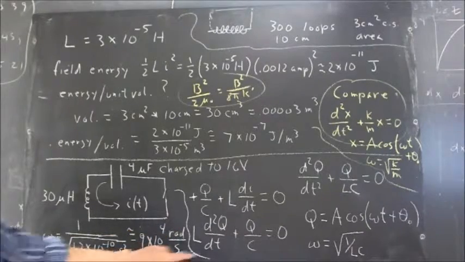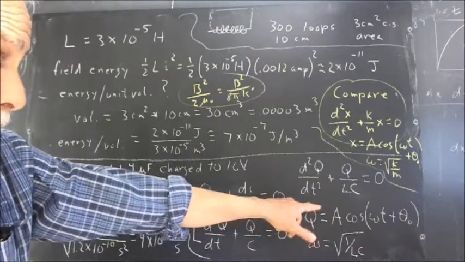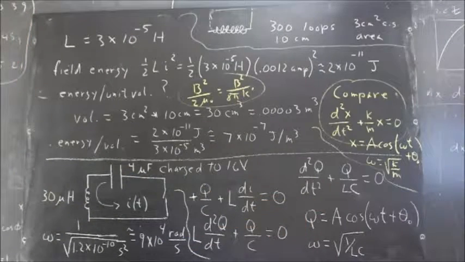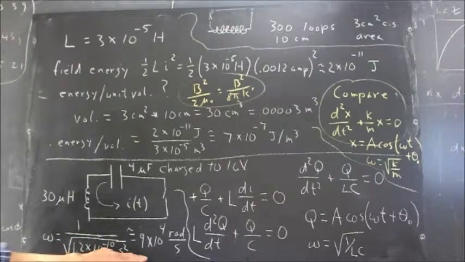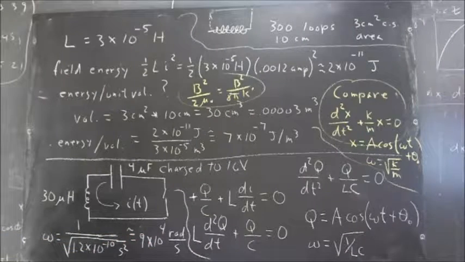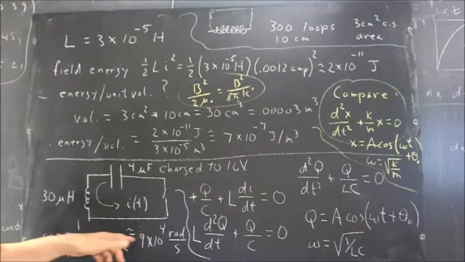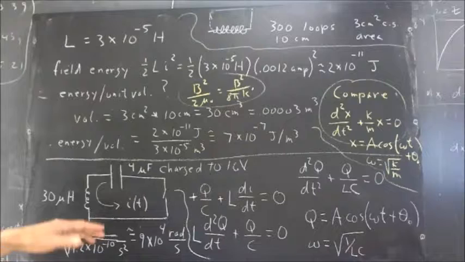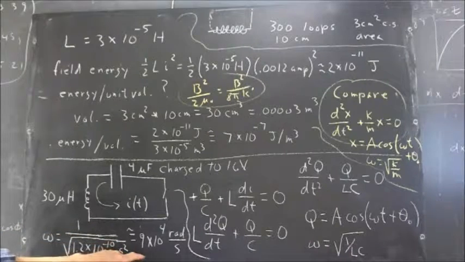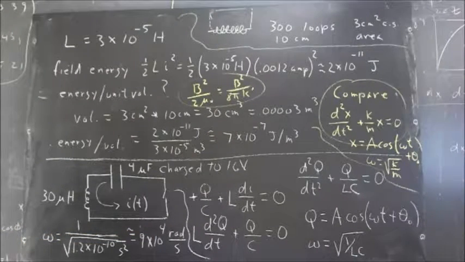Interpret this as radians per second because of the nature of the solution, the oscillatory, the cosine solution. And this comes out approximately 9 times 10 to the 4th when you do the reciprocal of the square root of 1.2 times 10 to the negative 10th. So here's the frequency of our solution. So this circuit is going to naturally oscillate at 90,000 radians per second.